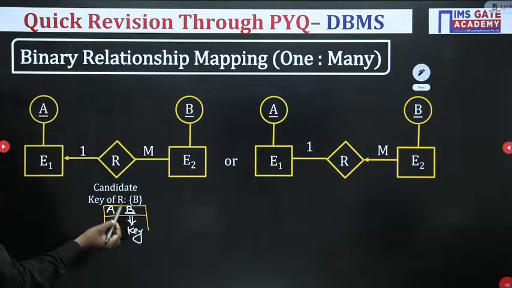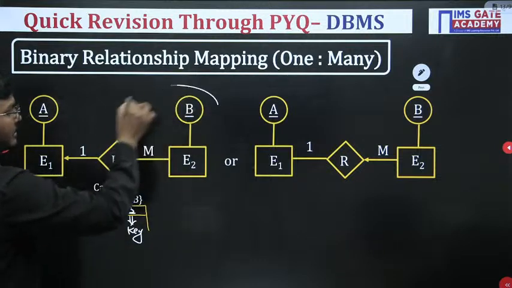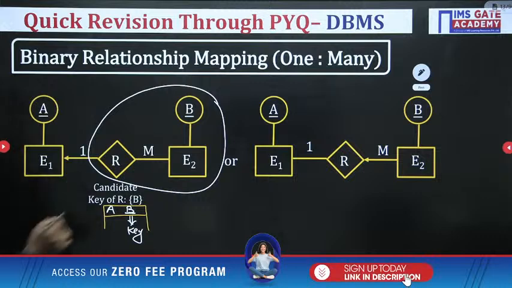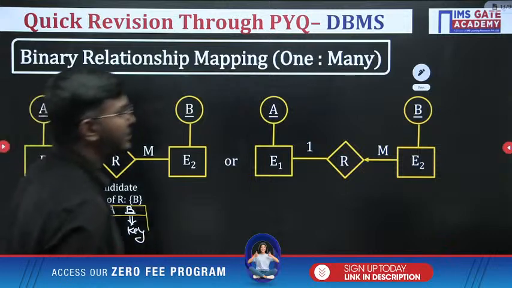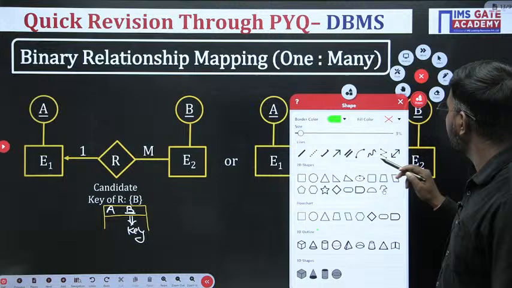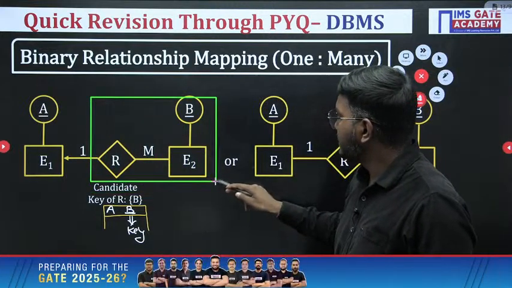Because this B matches with the E2 key, we merge the relationship set towards the many side. So this relationship gets merged towards the many side. Understood now? Any doubt here? Okay, this gets merged towards the many side.